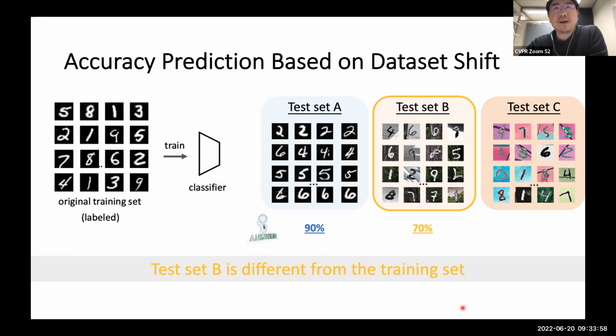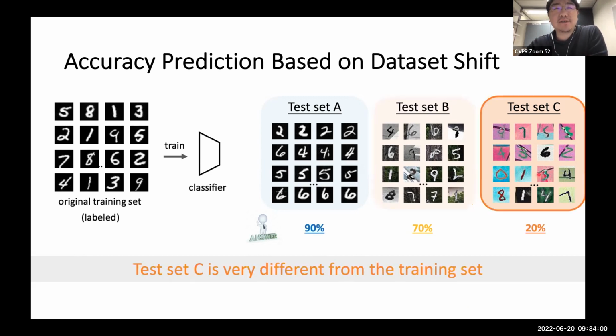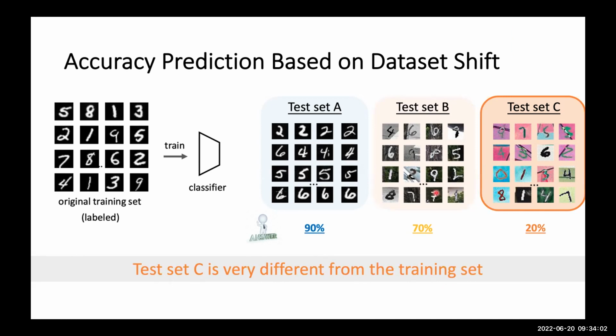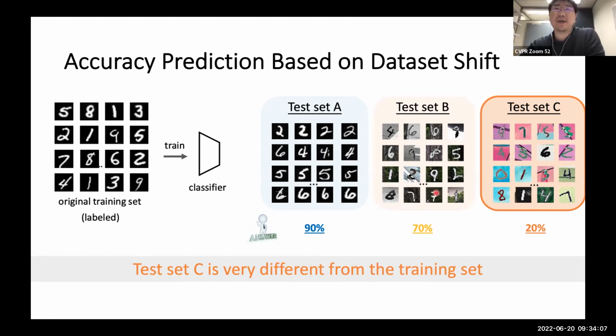If we look further at test set C, it is very different from the training set, and its model accuracy is 20%. This is consistent with our feeling and with what we have found in the literature: the more different your test set is from your training set, the lower accuracy your model will have.